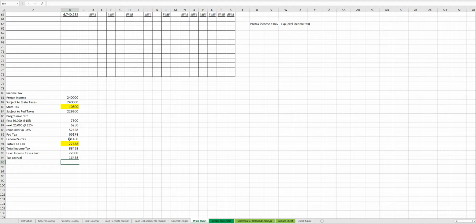Wait a minute, I think I made a mistake calculating the federal surtax. It's not based on the full amount of federal income. Actually, it's based on the income subject to federal taxes minus the threshold, $100,000.